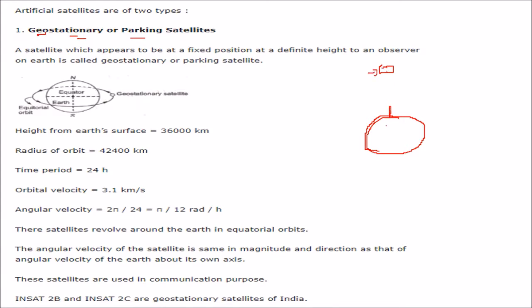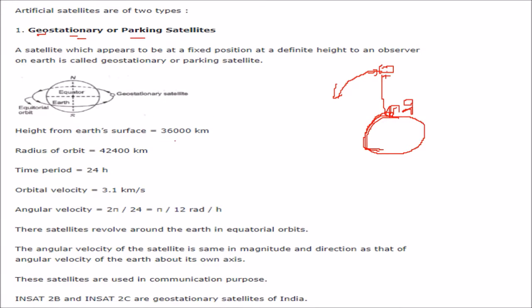This is revolving, Earth is rotating. So the Earth's rotation time is equal to the revolving time of this satellite, so it is always stationary. It looks stationary to an observer who is standing here.